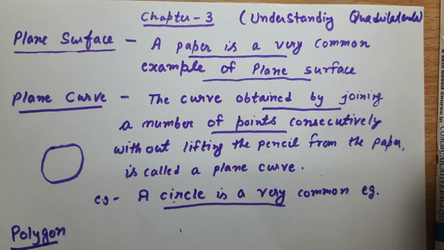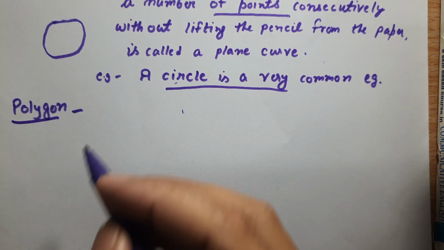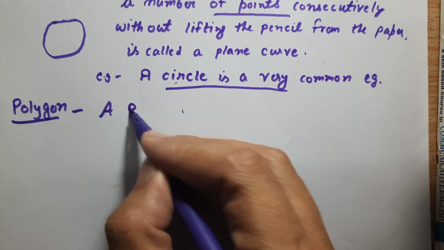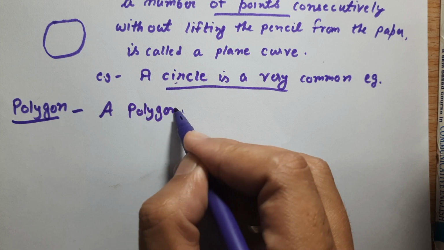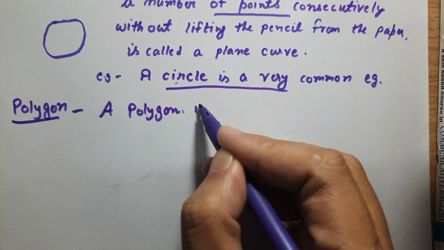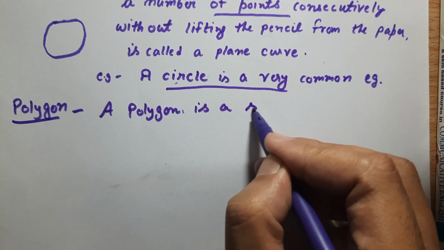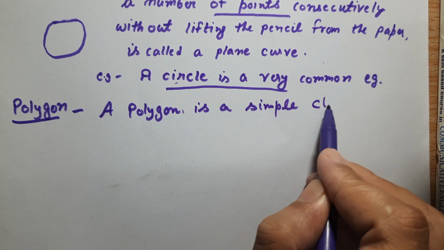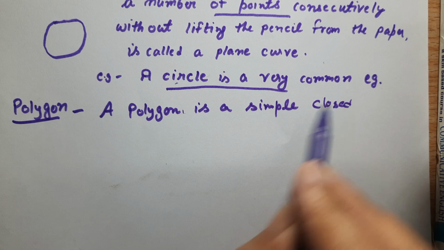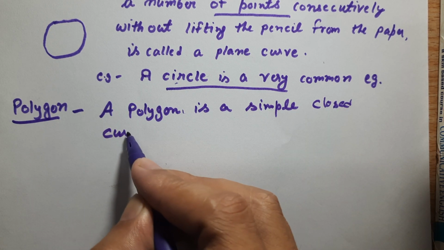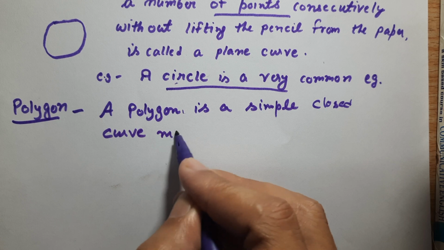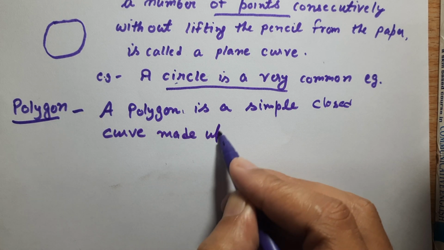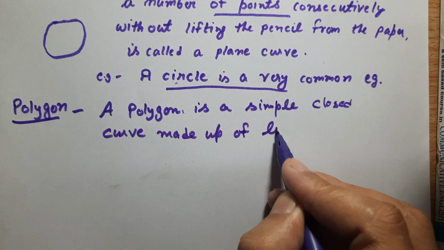Now we will understand about the word polygon. What is meant by polygon? A polygon is a simple closed curve made up of line segments.